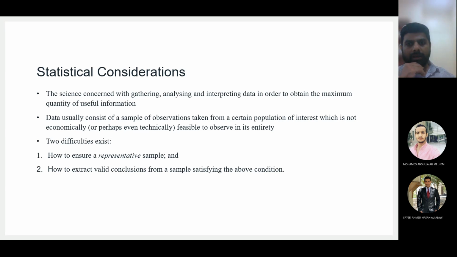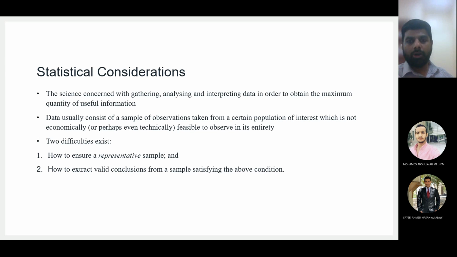But in no way is it possible to collect the data for the entire population. Whether you are doing it for transportation or business or lab testing or whatever, it is not possible to collect the data for the entire population.